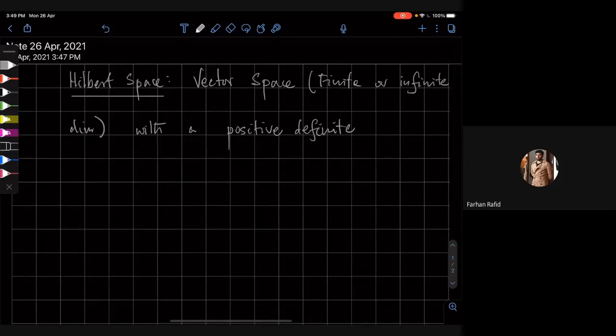It could be zero or positive, with a positive definite inner product. Okay. As far as I know, this is basically what a Hilbert space is.